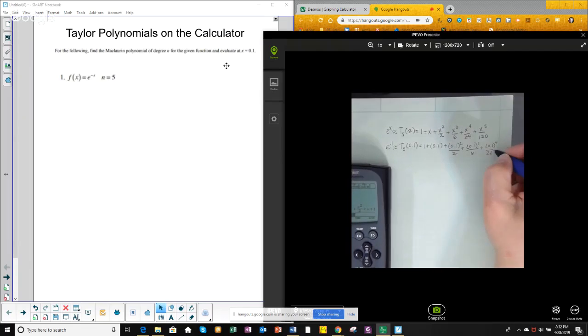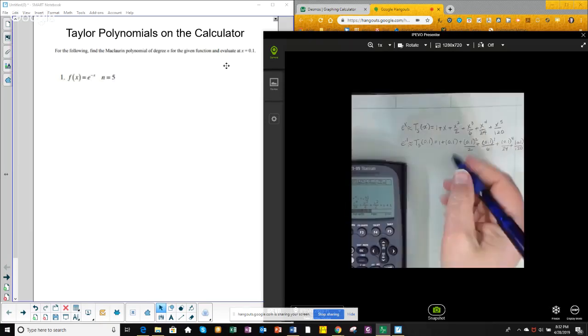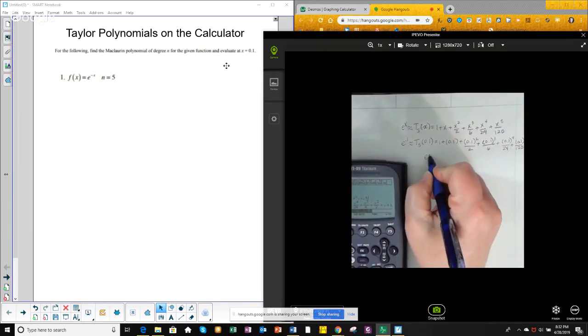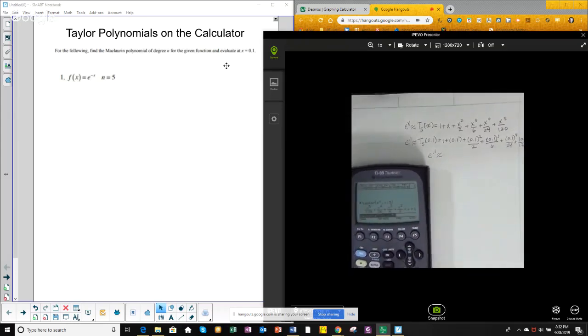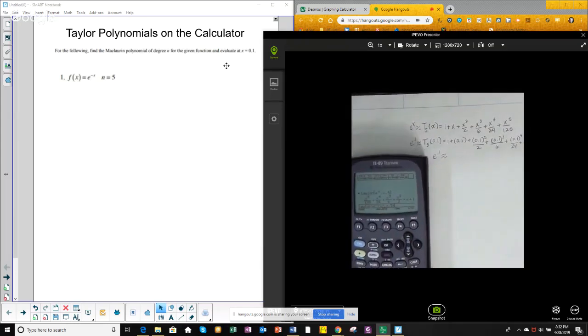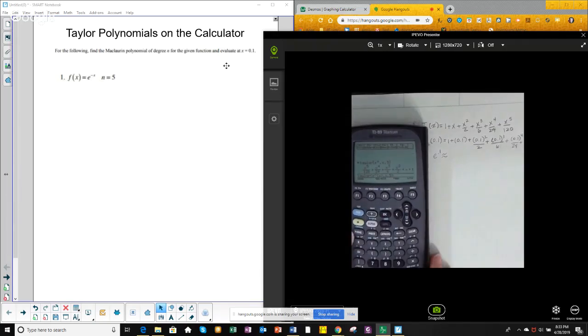I'm running out of space here. Plus 0.1 to the 5th over 120. And that's what I would write down as my approximation. And then we can say e to the 0.1 is approximately, using our Taylor polynomial, and we can go using the TI-89, using the such that bar, which happens to be right here, such that x equals 0.1.